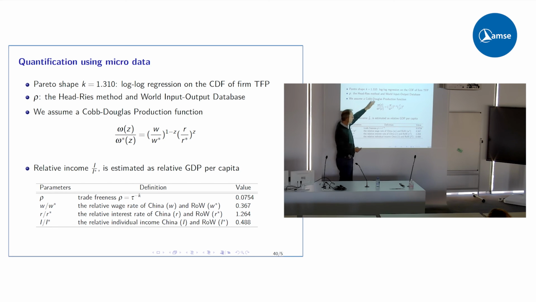And then for the sake of argument, for the application, we use this simple Cobb-Douglas production function. That means that the relative unit input prices are just a weighted average of the relative prices of the two inputs, index Z, which is the industry index. We can do better than this, I think, but this is what we do for the moment. Relative income is GDP per capita, and so these are the parameters that we use.